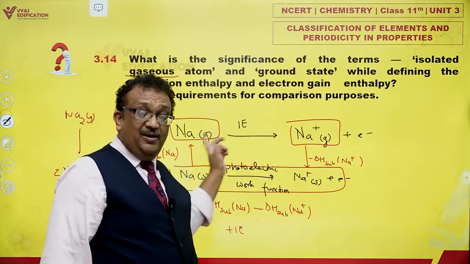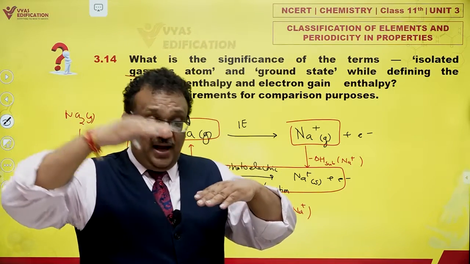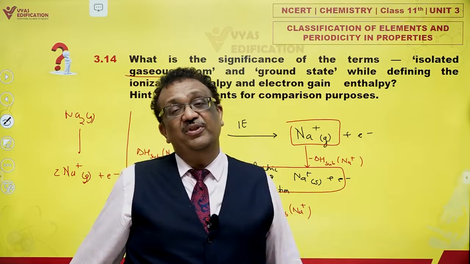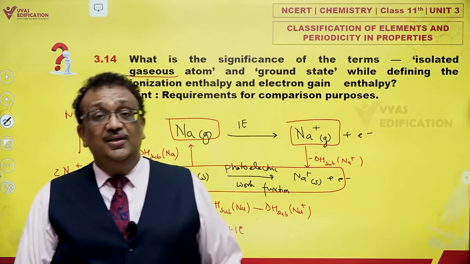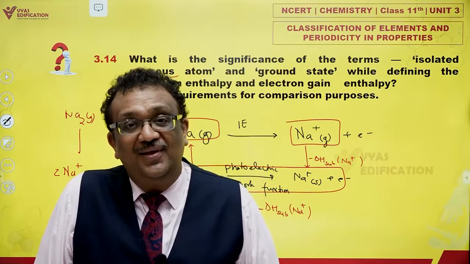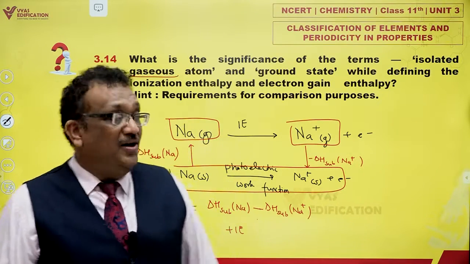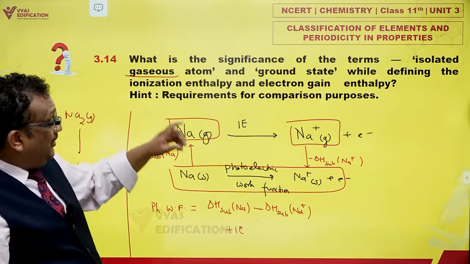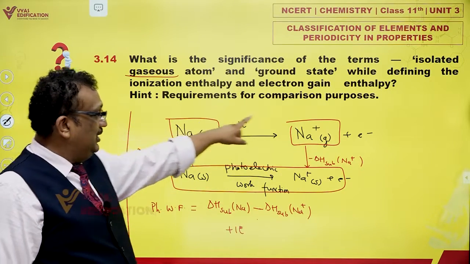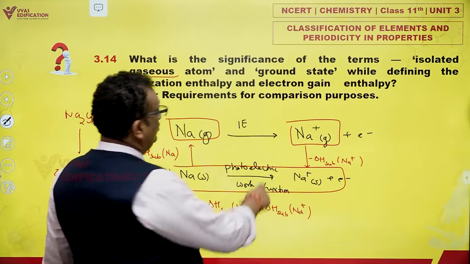Unless I clearly define their energy levels, I cannot measure the difference between the energy levels, and the difference between the energy levels is nothing but the ionization energy of sodium. So, for accurately defining ionization energy, I must know that both reactant and product must be in ground state.